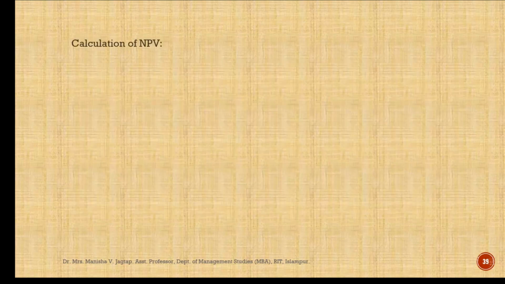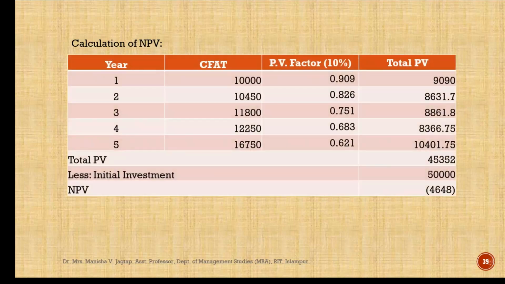Next, we are required to calculate net present value. Now here there is no need to apply a formula of NPV because they have given us the 10% discount factor already. So in this manner, we can present our data. First column is year, second is cash flow after tax before depreciation, which we have calculated in the earlier statement.